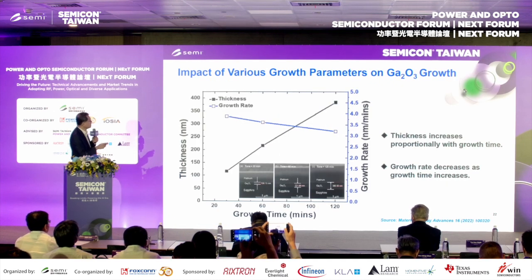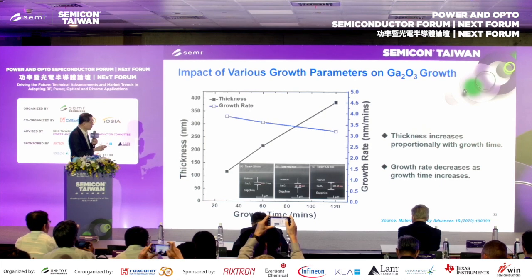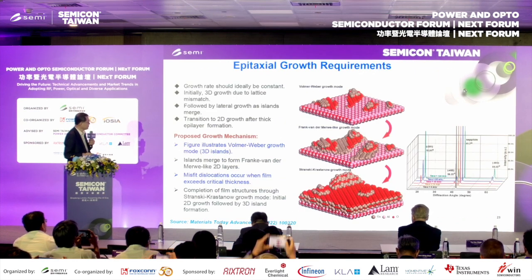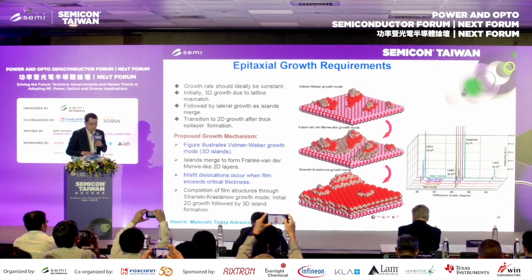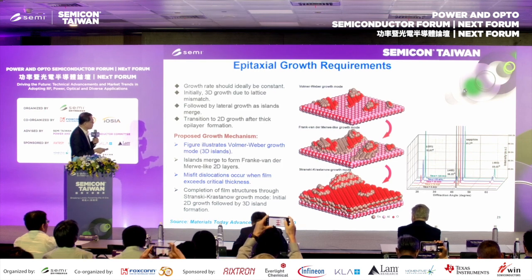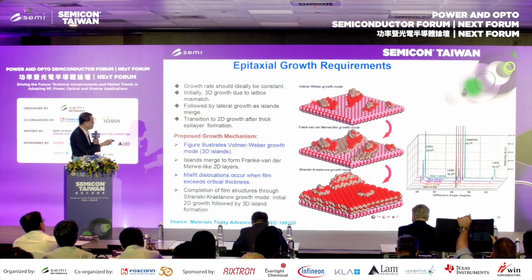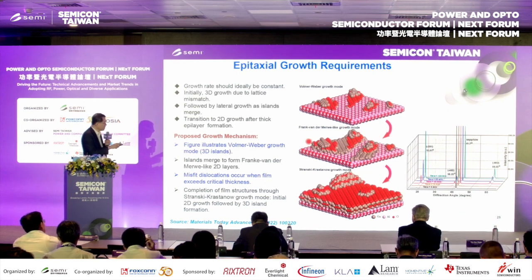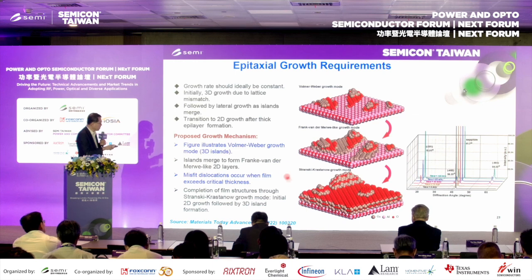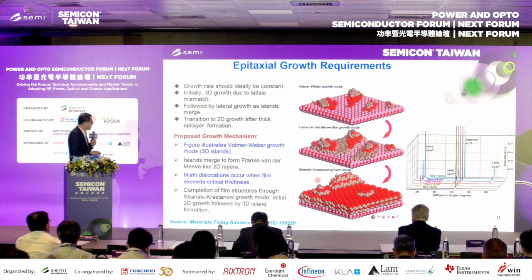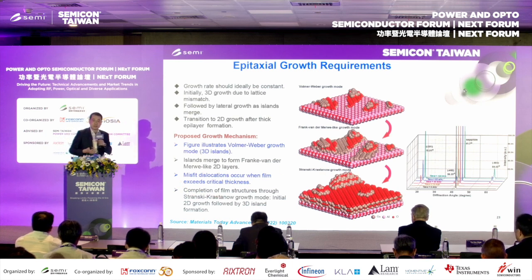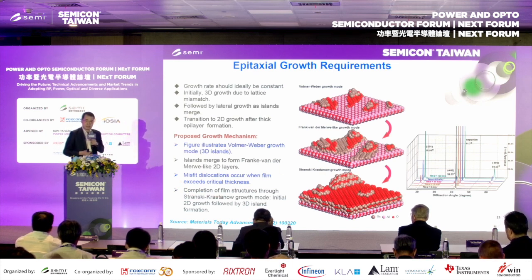And also, these are the different growth parameters. In all, I think the initial growth is the Volmer-Weber growth method, then a transition to the SK growth mode, because it has dislocations, because the 6% lattice mismatch still exists.